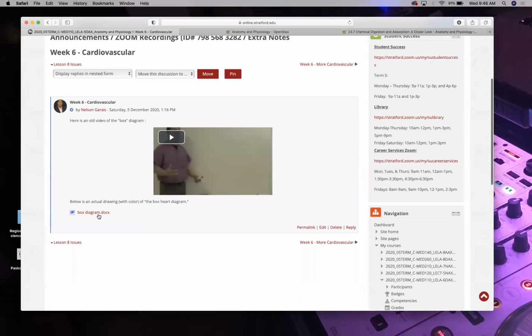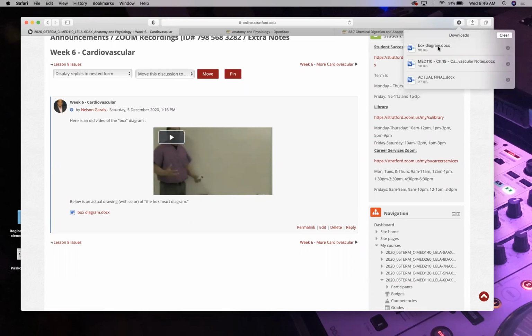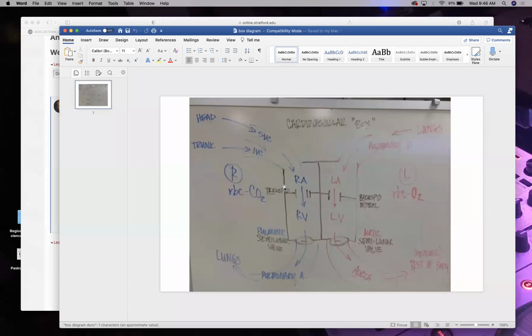You, of course, have my box diagram. Now, I'm not going to ask you to draw a box diagram, but you can see how helpful this diagram is for figuring out the anatomy and physiology. So when you're looking at the heart, where's your left side? It's this side. Where's your right side? It's this side when you're looking at a diagram.